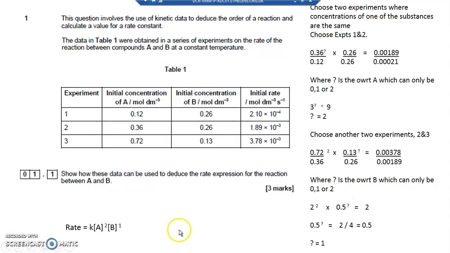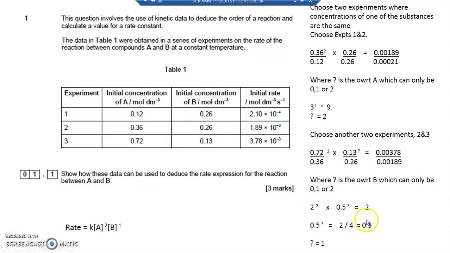Remember this question mark is this number here that I'm trying to find out, the order with respect to B, equals, these two numbers divided equal a 2. 2 squared is 4. 4 multiplied by 0.5 to the power question mark equals 2.